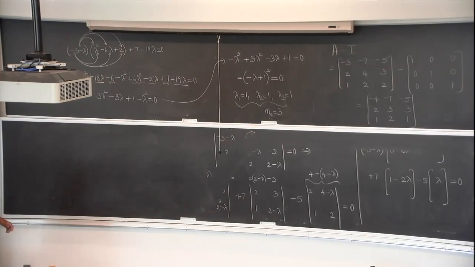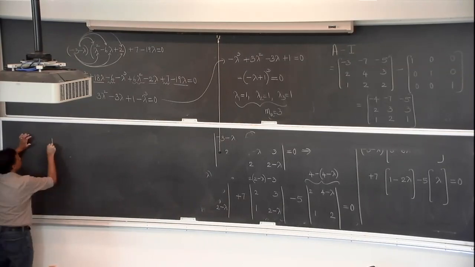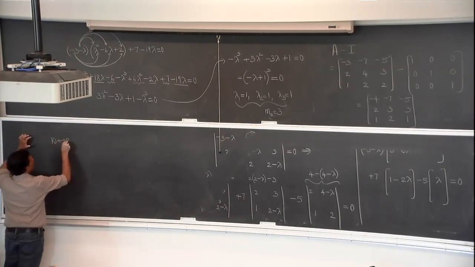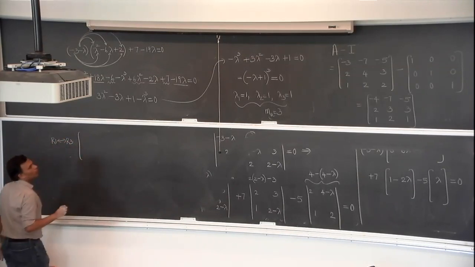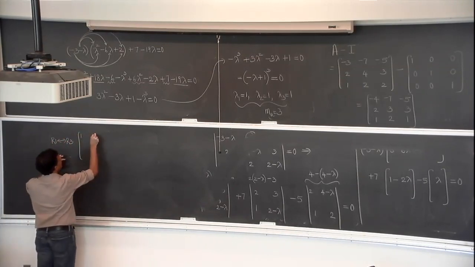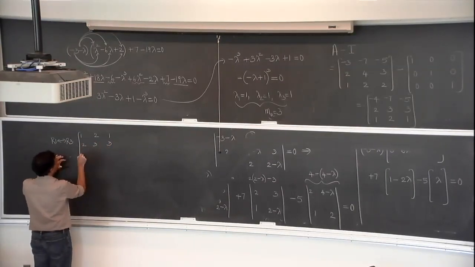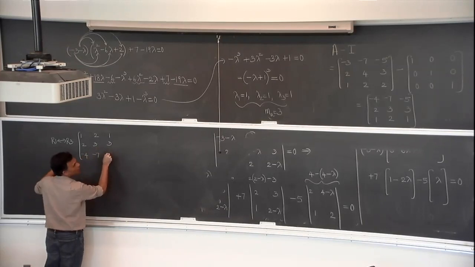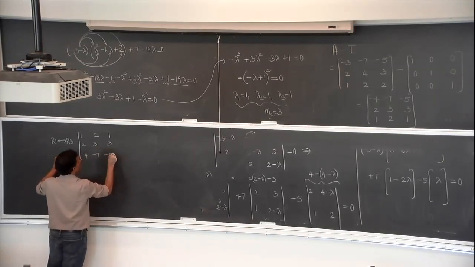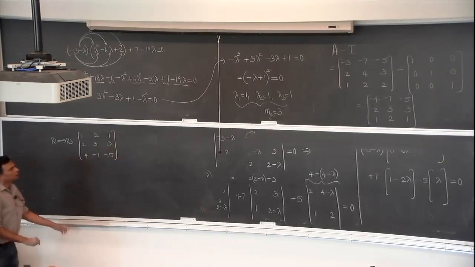So let's swap row 1 and row 3. 1, 2, 1. Oh, by the way, you could have checked your trace and all that stuff.